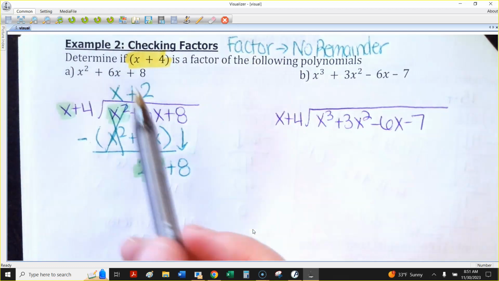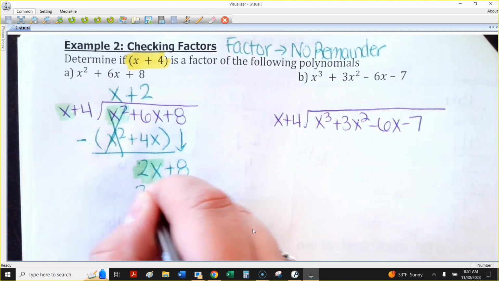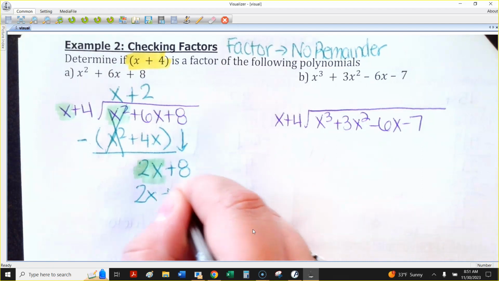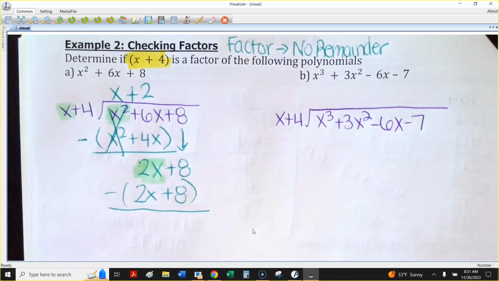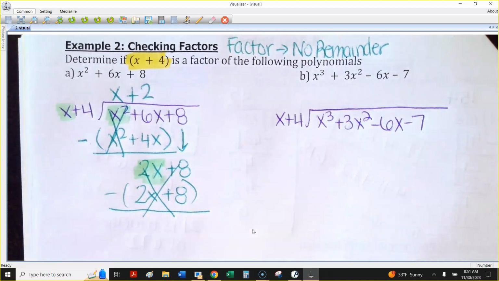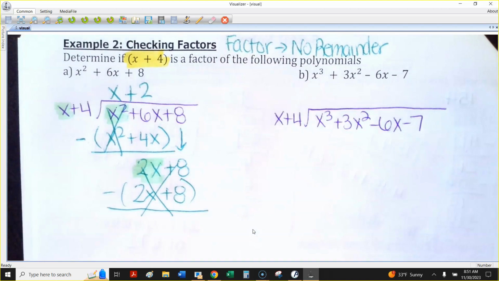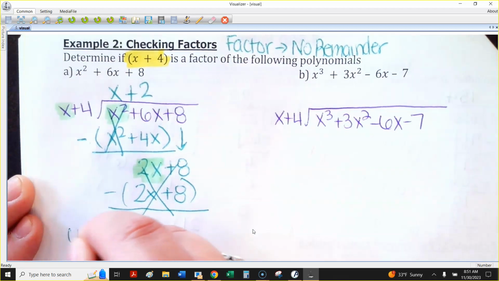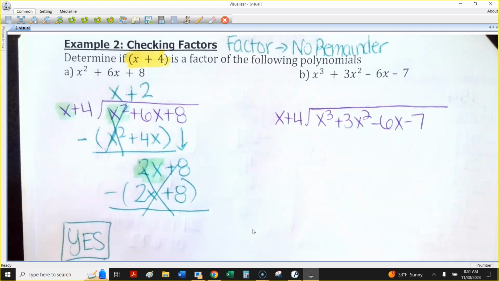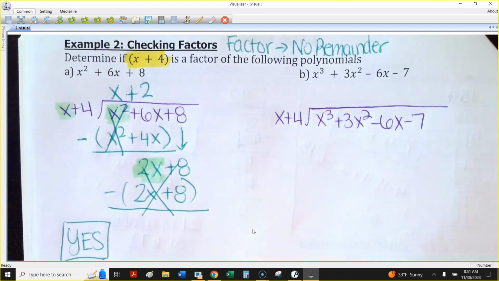Now, 2 times x is 2x, and 2 times 4 is 8. So actually, when I do the subtraction here, both of these guys cancel out, so no remainder. So my answer to the question is yes, because I did not get a remainder. So that means that x plus 4 is a factor of that polynomial.